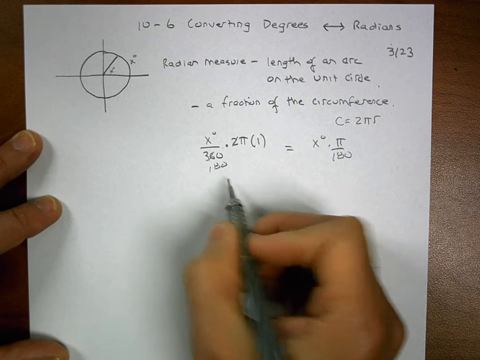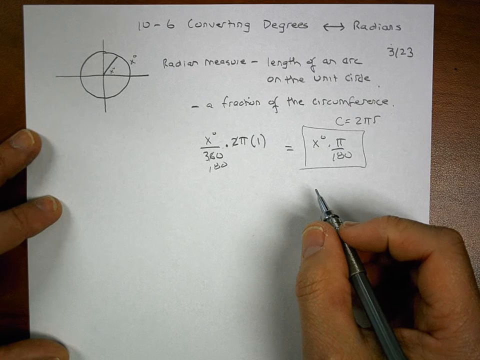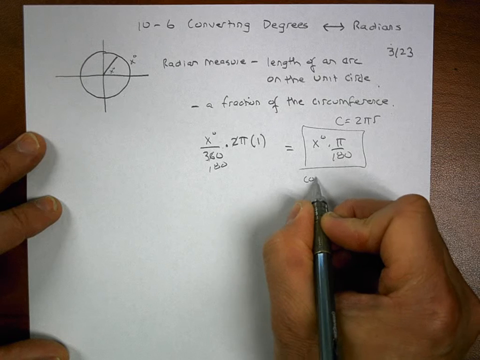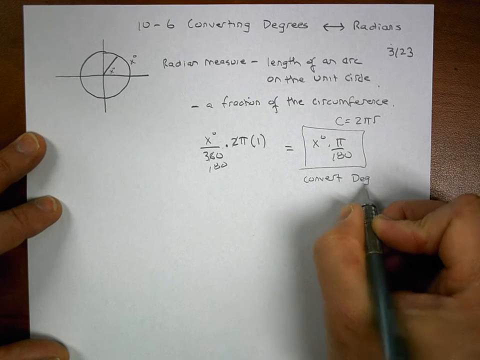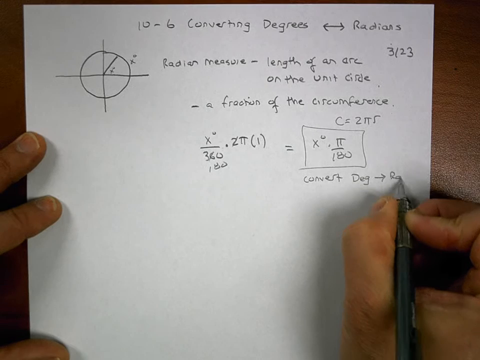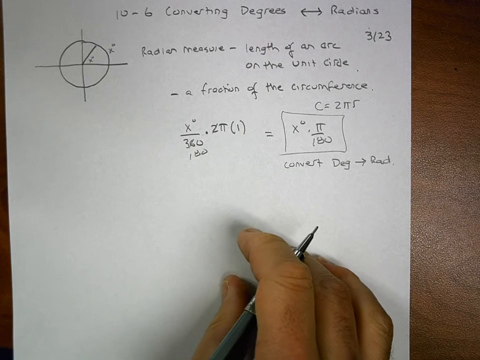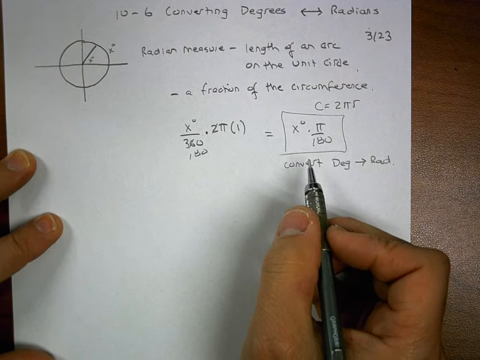Put a little box around that. Okay, this will convert from degrees to radian measure. And all that is just a fraction of the circumference because it is the arc length, and the circle has a radius of 1.